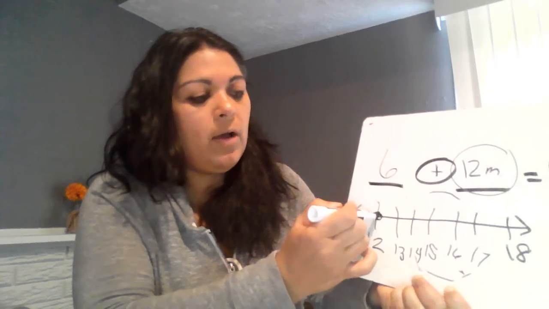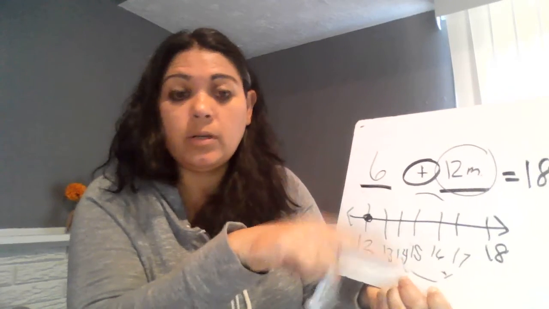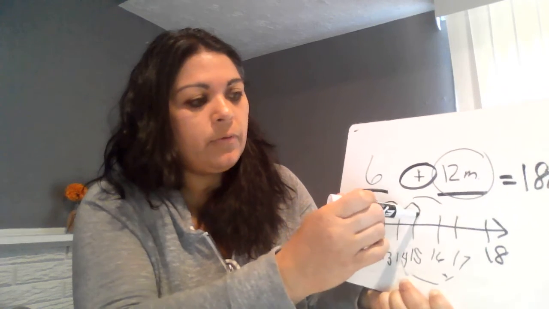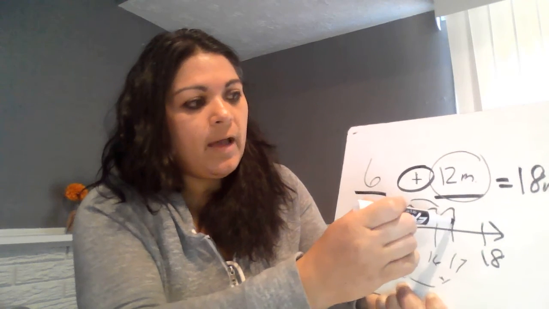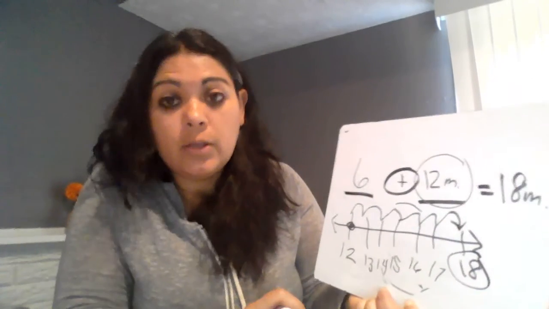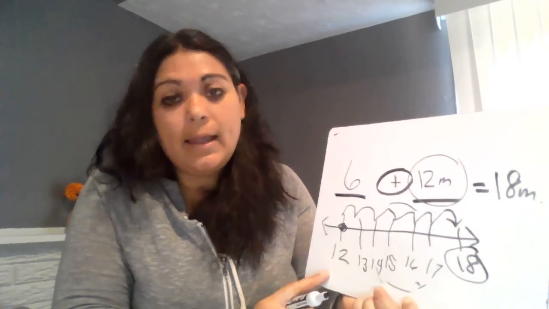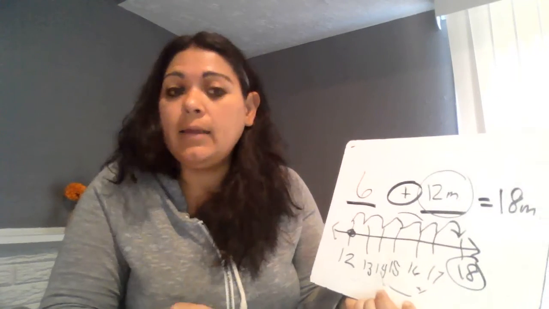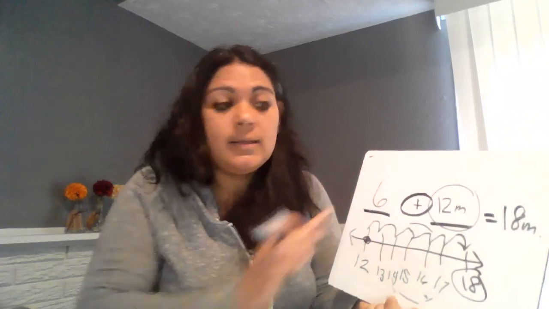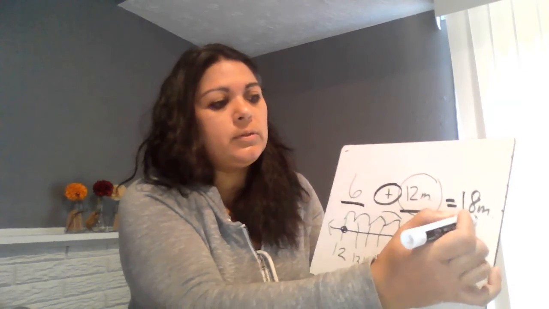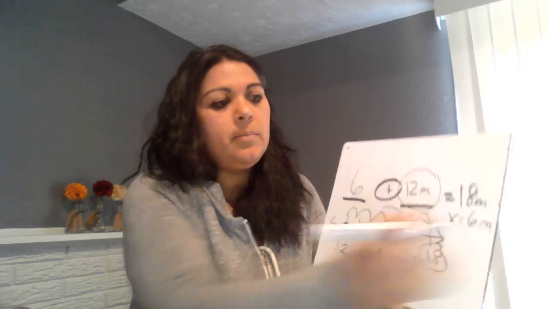I'm going to plot 12, and I'm going to count forward on the number line. 1, 2, 3, 4, 5, 6. And always circle your end. Okay, so I added 6 to 12 to get to 18. And again, if you want to use X instead of a question mark, you can put X equals 6 meters.